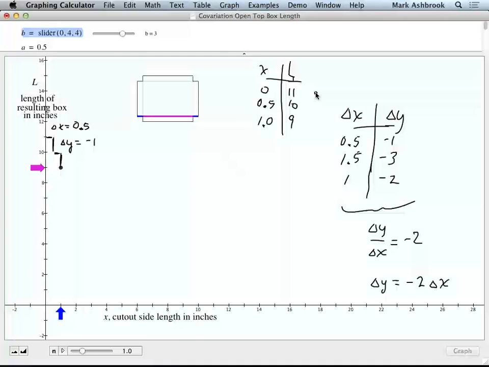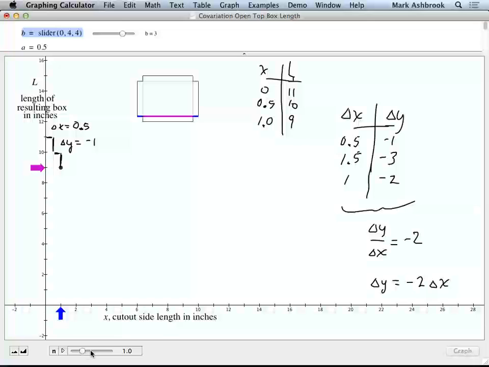When x is 0, L is 11, so the ratio would be 11 to 0, which is undefined. Then we go from 10 to 0.5, a 20 to 1 ratio. Then a 9 to 1 ratio. So clearly you don't have a constant ratio of your two quantities. But we do have a constant ratio of changes, right?